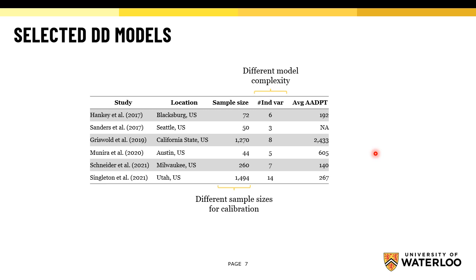We have different models in terms of complexity, in terms of the number of independent variables that were used, and we also have different levels of pedestrian exposure, for which we use the average ADPT to represent the level of pedestrian exposure.